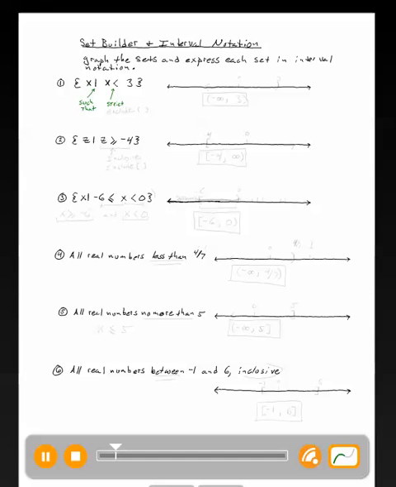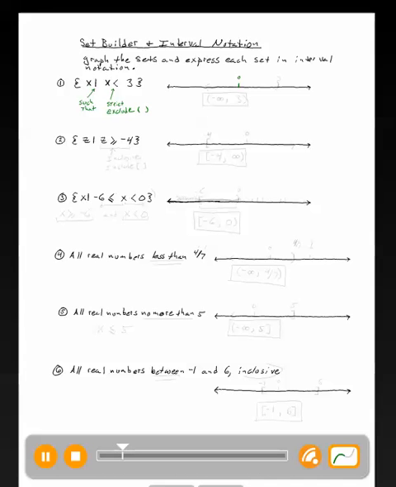Then that means we want to exclude the value of 3. And if we want to exclude it, we're going to use some sort of parenthesis to exclude the values. So what I like to do is just come up here and put 0 in so I know where I'm graphing. And this says x is less than 3.